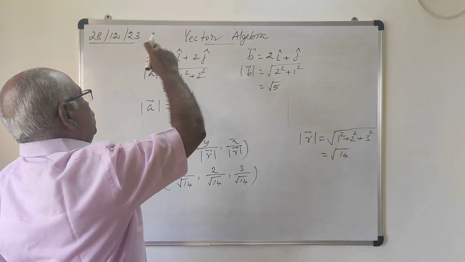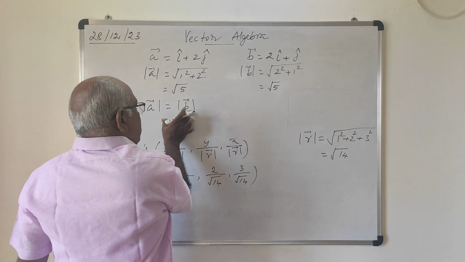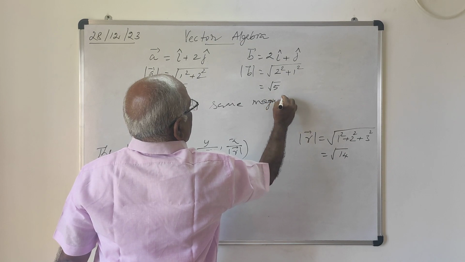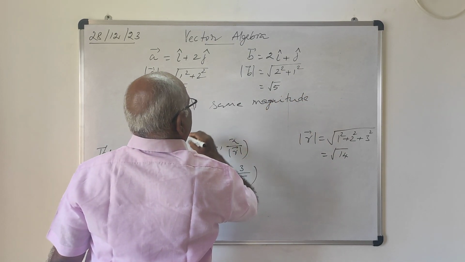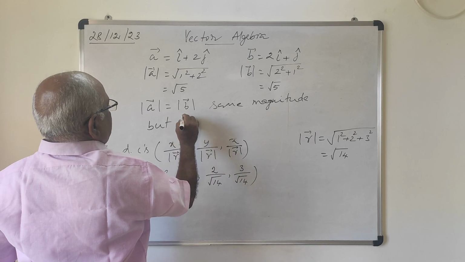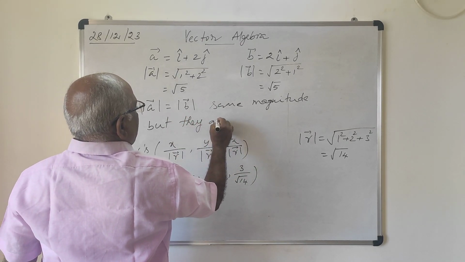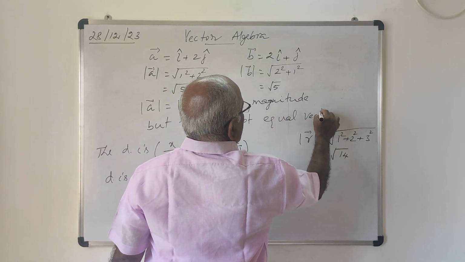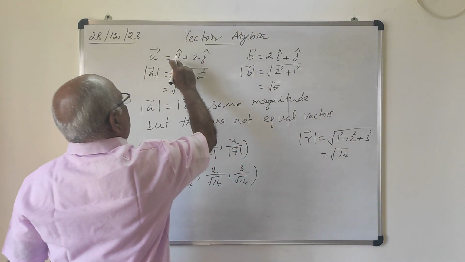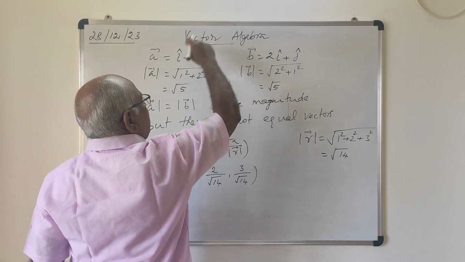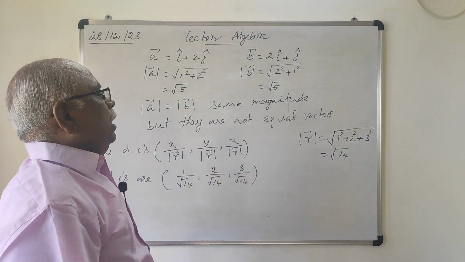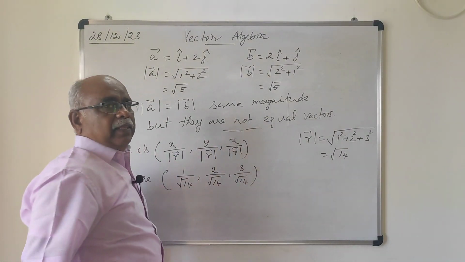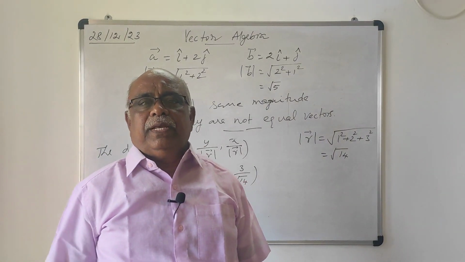In this case, the two vectors have the same magnitude but they are not equal vectors. Equal vectors means component-wise they should be equal: i here also i, 2 here also 2. That's all about the idea I want to insist on. Then we will continue the remaining problems in the next video. Thank you.